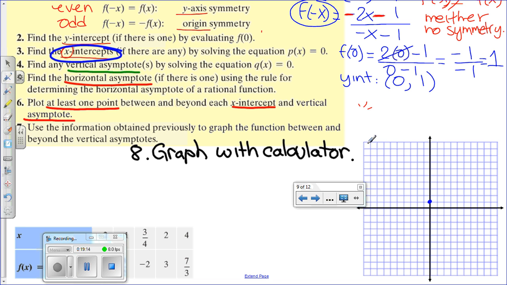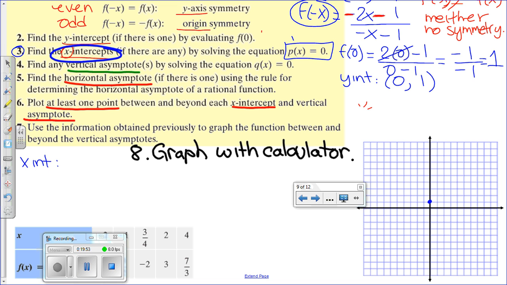Now let's go ahead and move on to number 3. And so we need to find the x-intercepts, if any. So we're going to take the denominator of that function that happens to be x minus 1. We equal it to 0. And then we solve for x. I'm sorry, not the denominator, but the numerator.